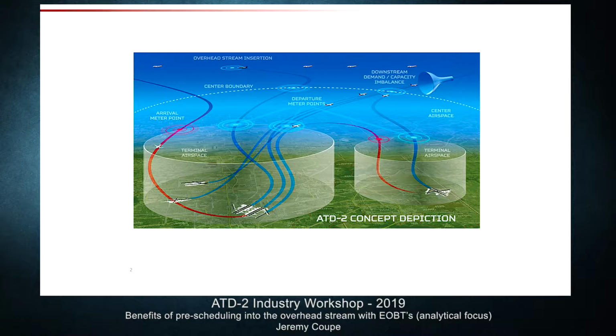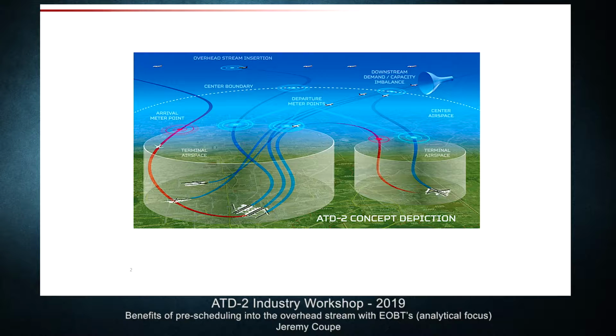ATD-2 is the name of the project. IADS is the name of the tool, the Integrated Arrival Departure Surface. You can see here that the full IADS concept has departures, has arrivals. It also has the surface, potentially multiple airports operating within a Metroplex environment.